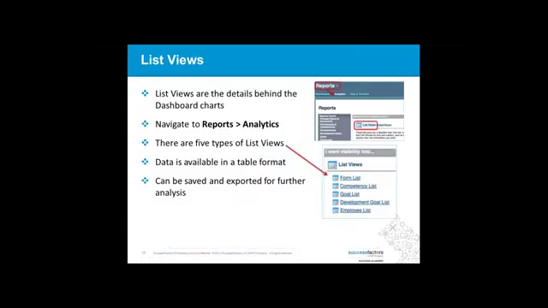And coming to the list view reports, they are available under Reports, Analytics, and these are the types of list view reports: form list, competency list, goal list, development list, and employee list. There are basically 5 types of list view reports, and data is presented in table format. It can be saved and exported as well.